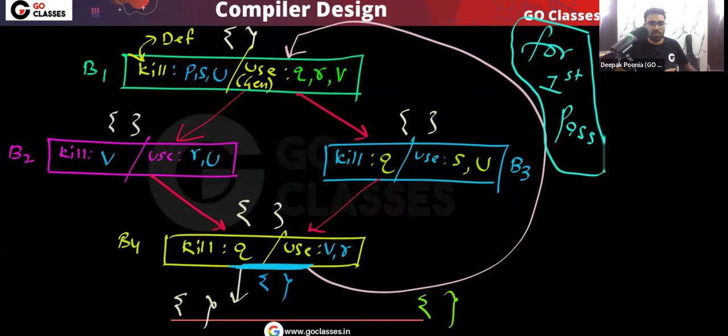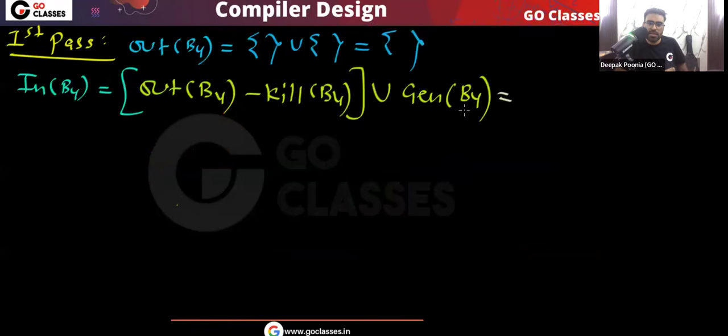Here I will write the first pass. So you can see in the first pass, in of B4 will be V comma R. Finally I can say in of B4 is V comma R.